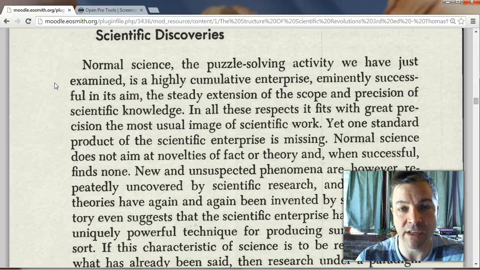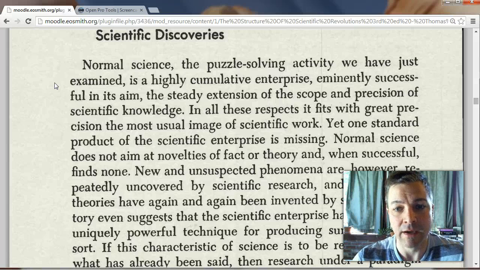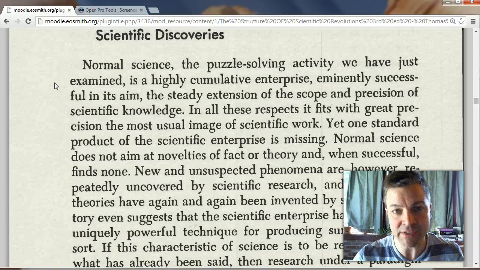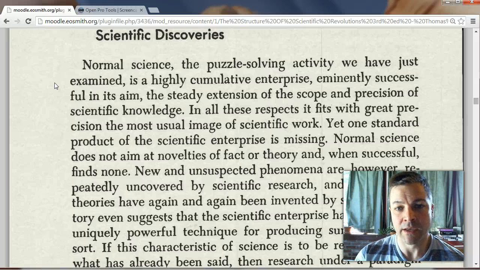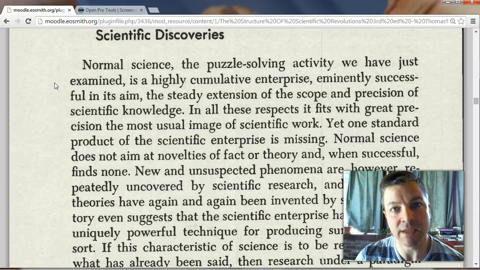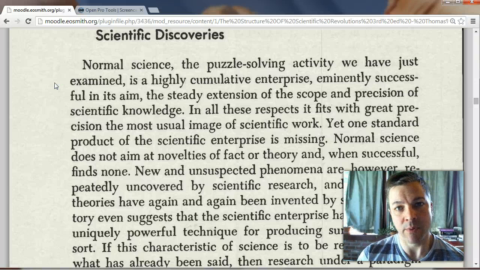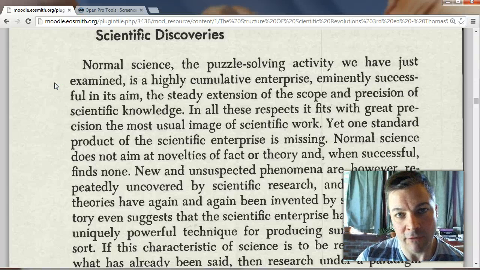Basically, you have these solid theories in place, like Einstein's theories in physics and Darwin's theory in biology and the theories of genetics. And you're working with those theories to kind of build their applications, solve the remaining puzzles that they can solve, build up a database, a knowledge base from those theories.